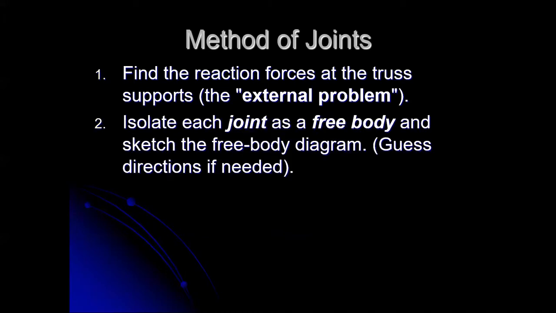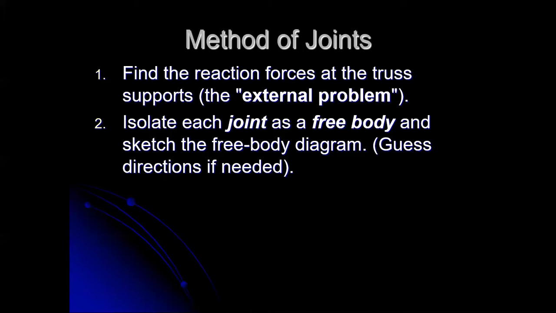Then we use the fact that if a structure is in equilibrium, then every piece that makes up that structure must also be in equilibrium too. Specifically, the joints that connect the members of the structure together have to be in equilibrium. So we isolate each joint as a free body, as its own system, and we look at the forces that are acting on it.